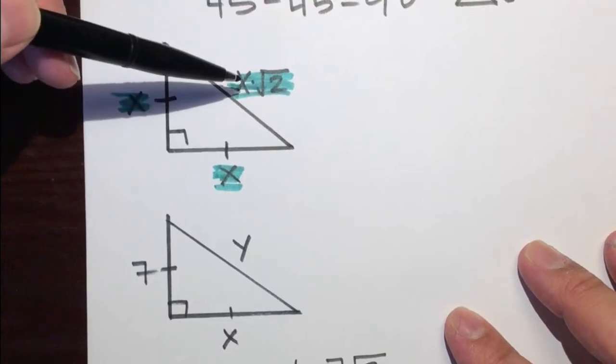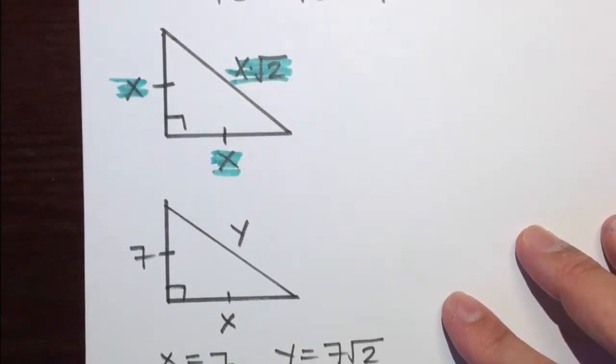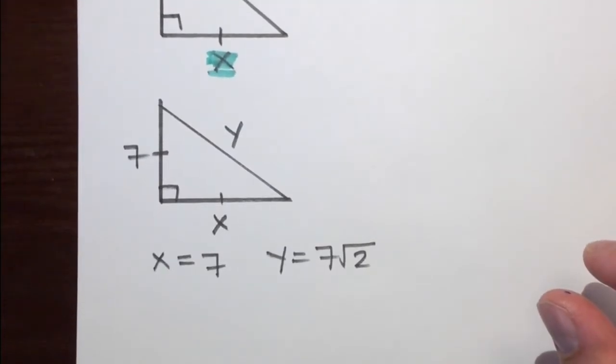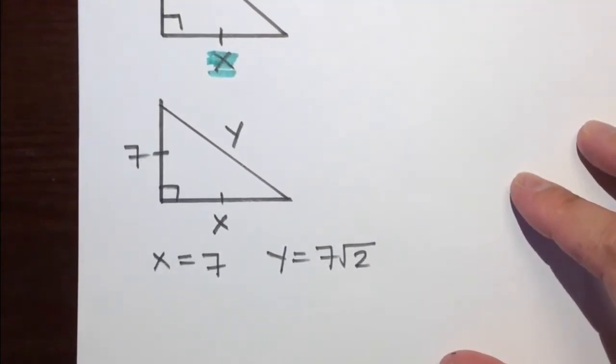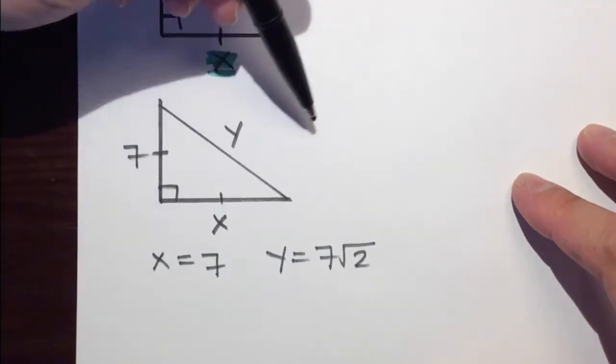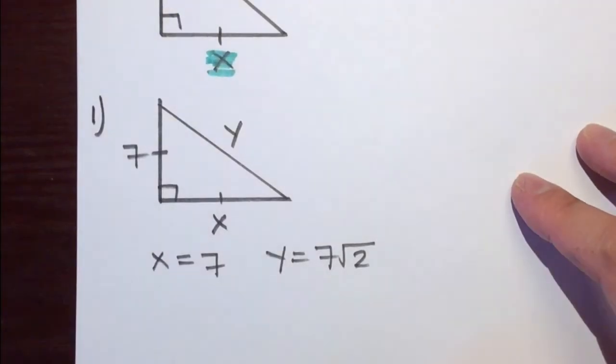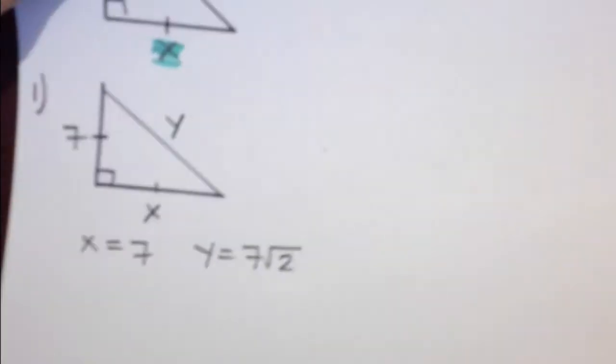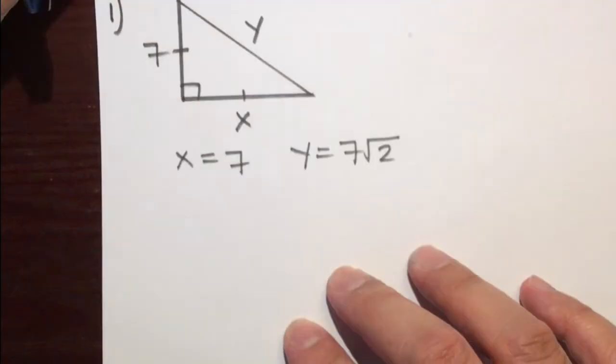Whatever the leg is, the hypotenuse is the leg times radical 2. Look how quick that was. We didn't have to use the Pythagorean theorem. We just know by the pattern. So this is number 1. Make sure you can do number 1 in less than a second. It should take you longer to draw the problem than actually do it.